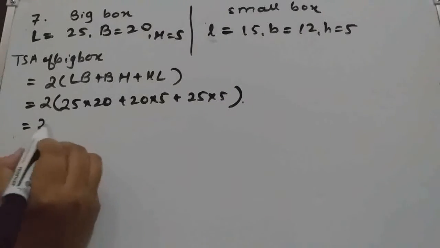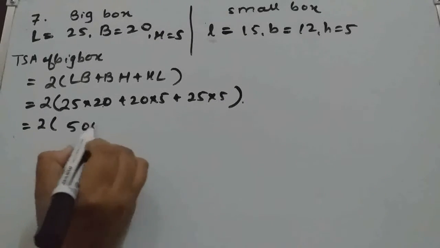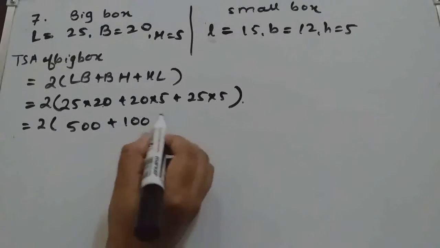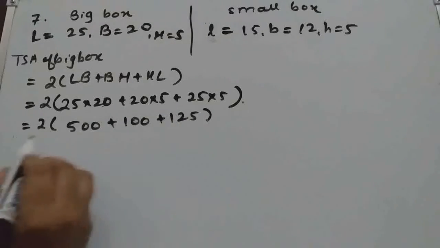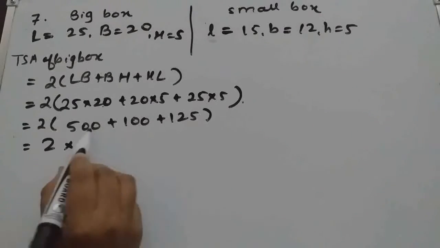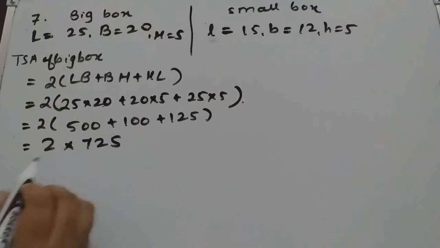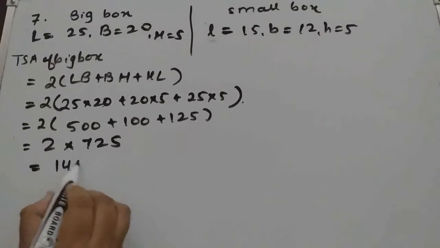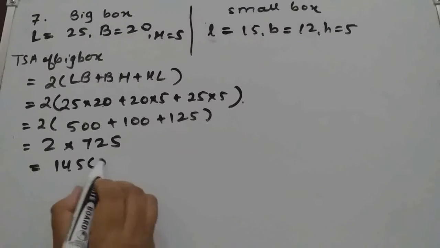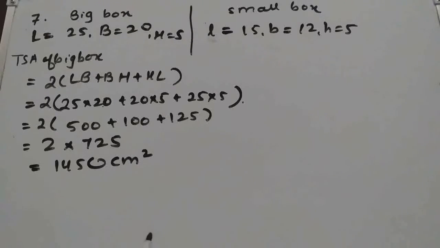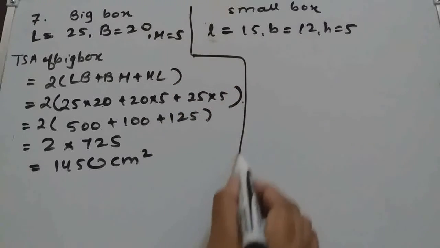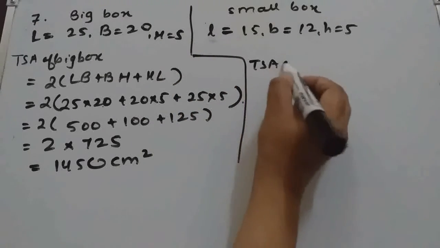So that will be 500, 100, 125. So 2 into 725 will give 1450 centimeter square.